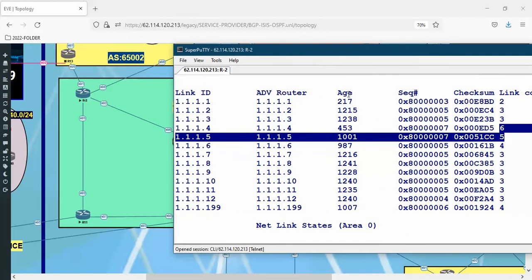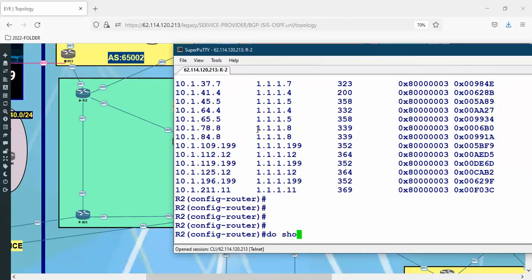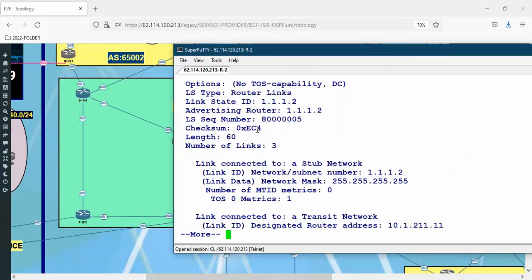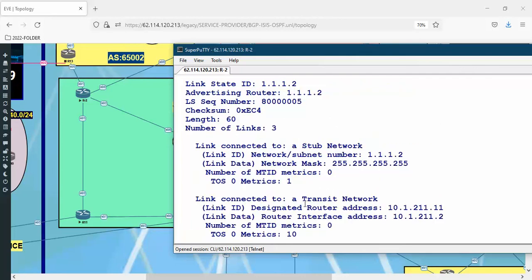Just say here, do show ip ospf database router 1.1.1.2. We still have the links here, but we are going to suppress the links from being advertised.